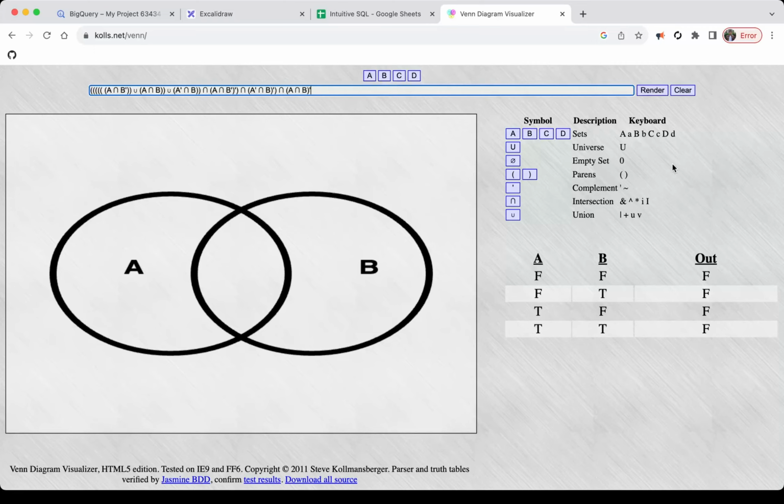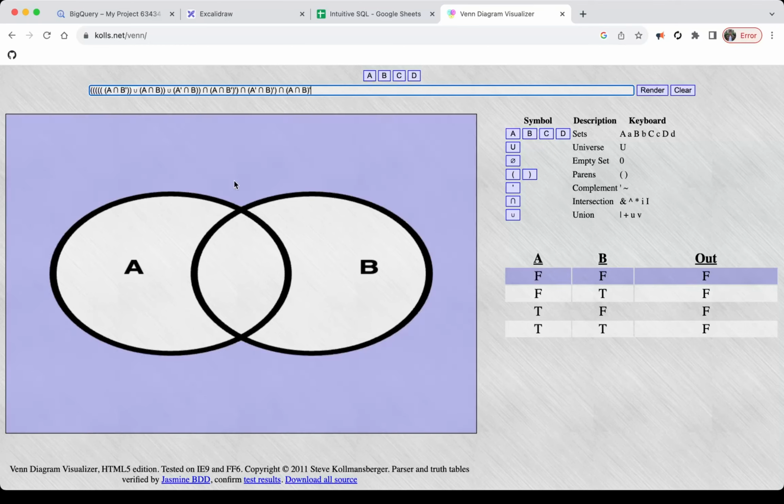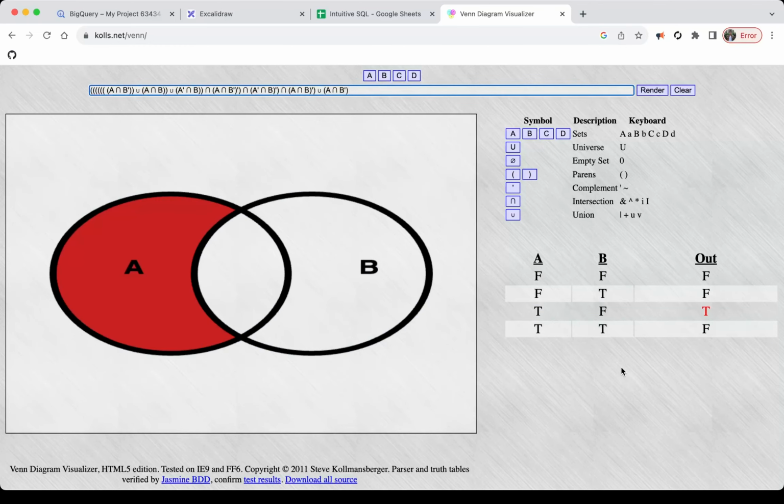Here's another set operation which you might consider, which is subtraction. What if I told you, give me all of the elements in A except the elements that A shares with B? What would that look like on the drawing? It would look like this. This is taking all of the elements that are in A except these ones over here, because they are in A, but they're also in B, and I don't want the elements shared with B. And yes, I can also do that in SQL.